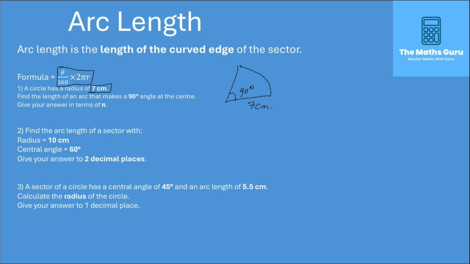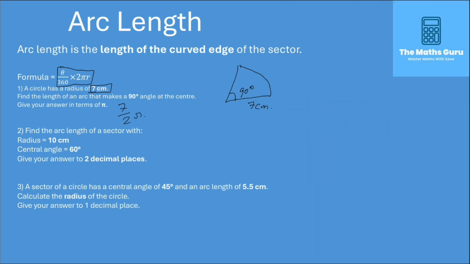Using our formula, our central angle theta is 90 over 360 times 2 times pi times 7. This is going to be equal to 7 over 2 pi, and that is the form that this question wants it in.